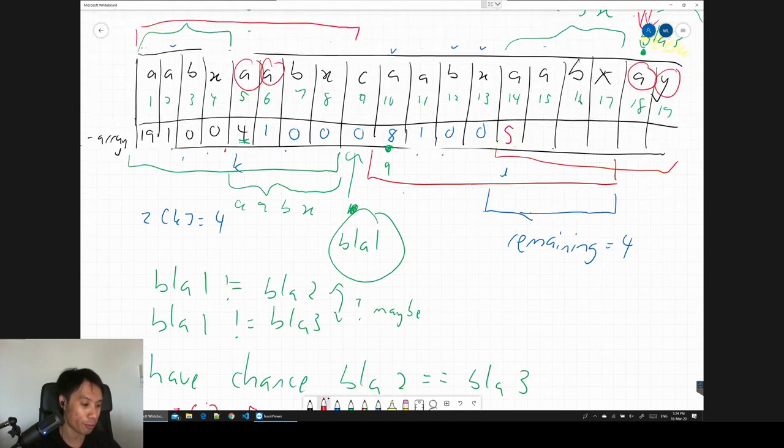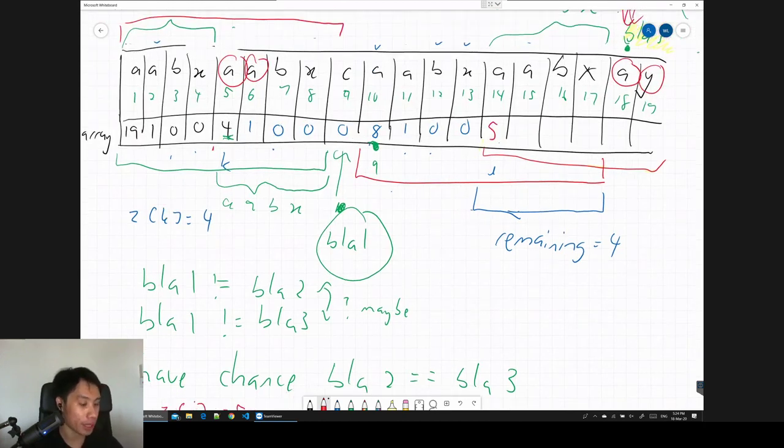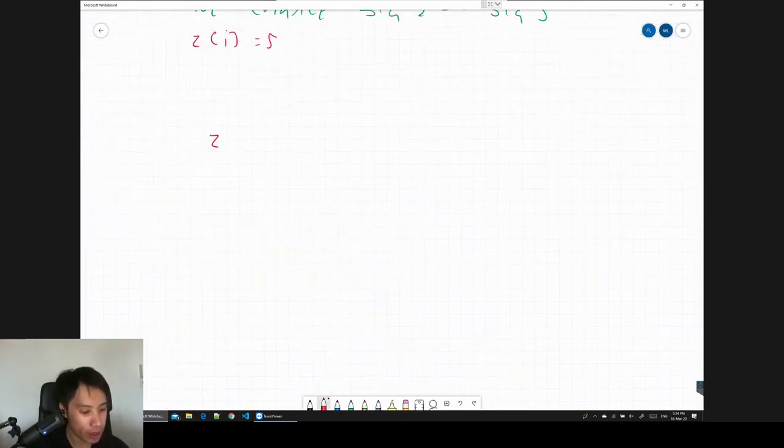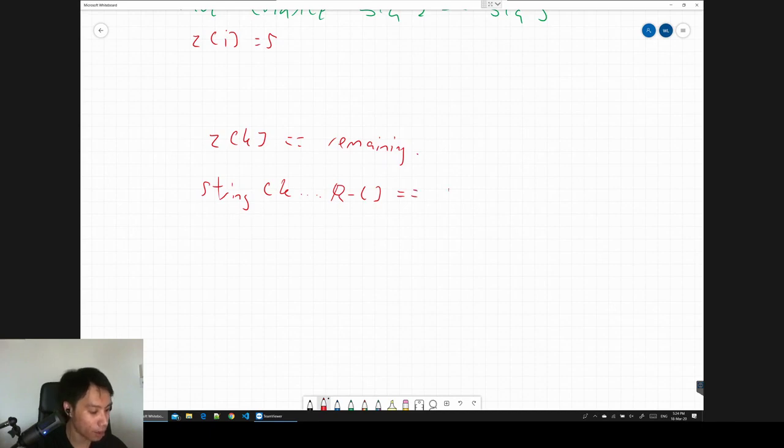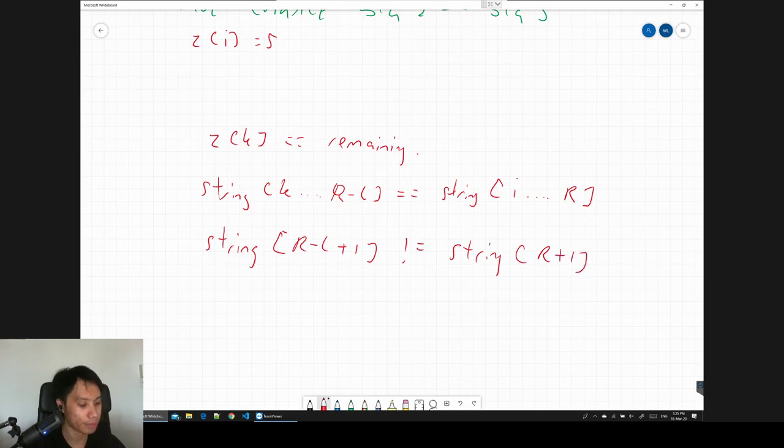Okay. Let me repeat again. If Zk is the same as remaining, we know the string from K up to K plus R minus L is the same as the string from I all the way up to R. But we also know the string at R minus L plus 1, the next letter, is not the same as the string at R plus 1.